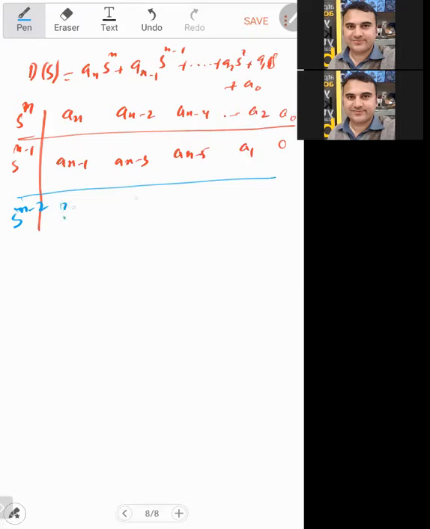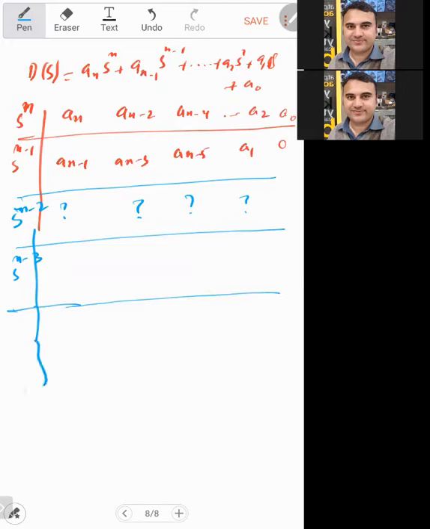We will calculate this, this, this, this. Similarly, we have to calculate the next row, which will be s to the n minus 3. Then we will calculate s squared, then finally we will come to s and then s to the power 0. So we will calculate all these.